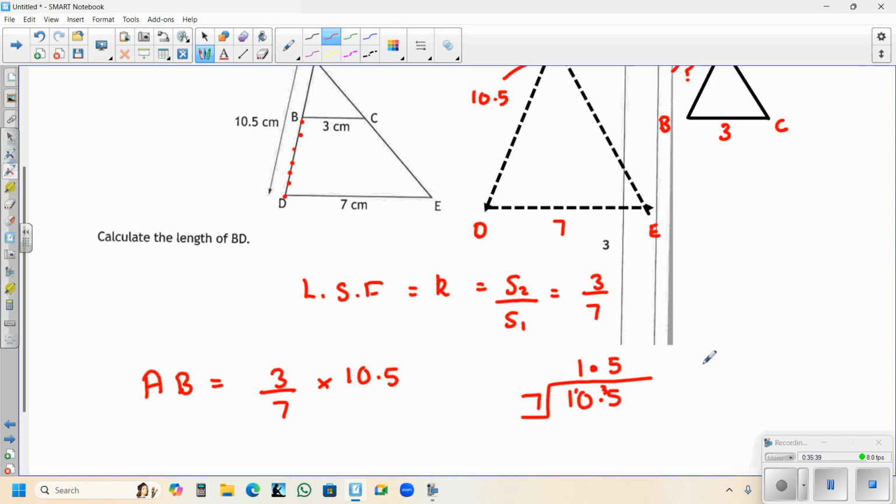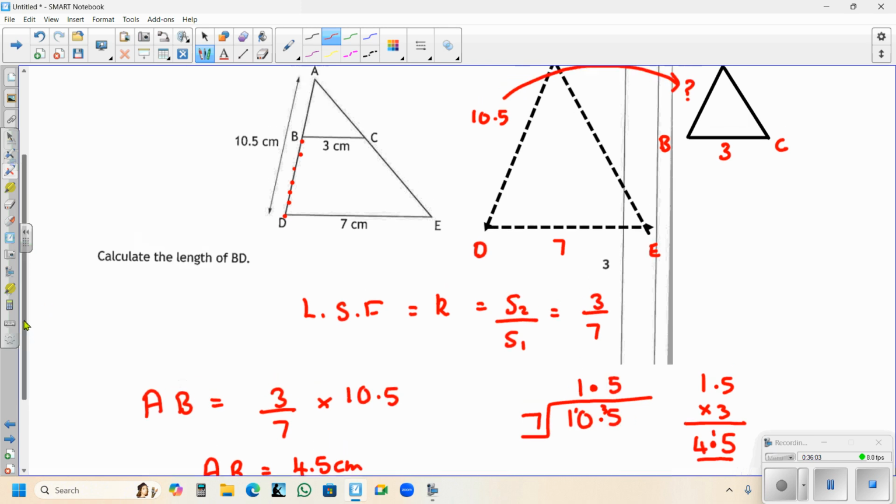But I've now got to multiply by 3, so I've got 1.5 multiplied by 3. 3 5s are 15, put down the 5, carry 1, 3 1s are 3, and that 1 makes 4. Decimal point's got to go in there, one number after the decimal point in the question, 1 in the answer. So that tells me that AB is equal to 4.5 centimetres.